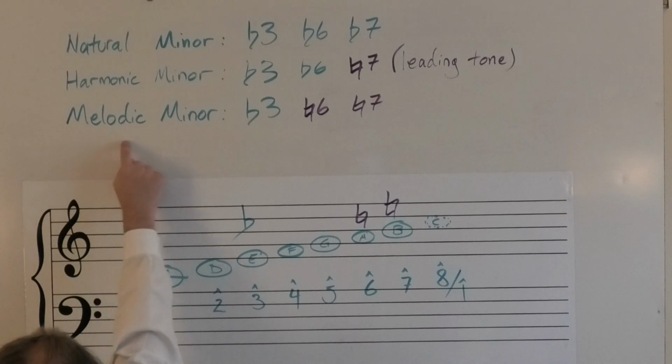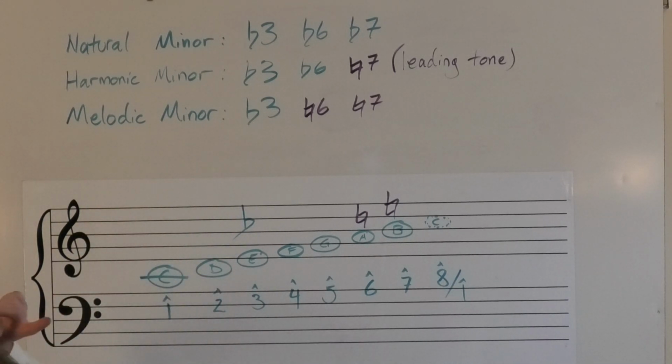That is the melodic minor, D minor. D melodic minor. So here's D minor. Here's harmonic. D minor, D harmonic minor. And here's D melodic minor. And that's what he's doing.